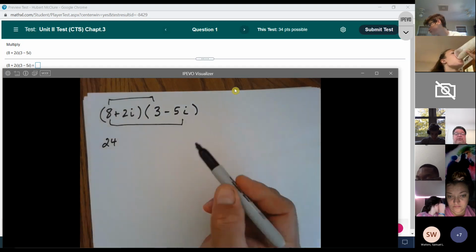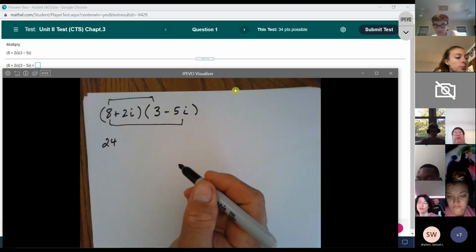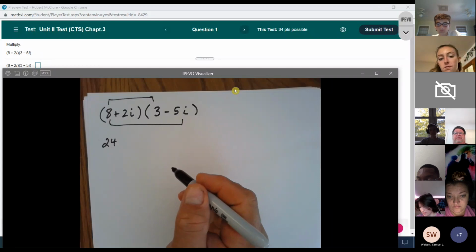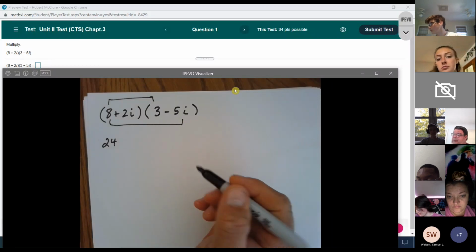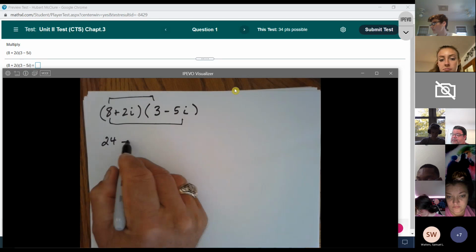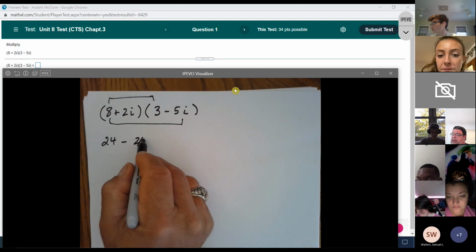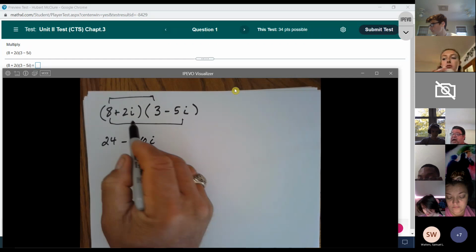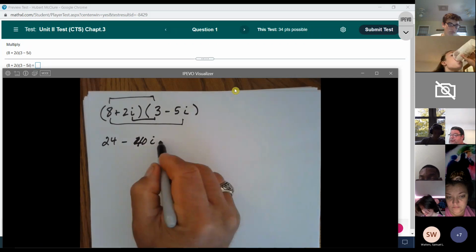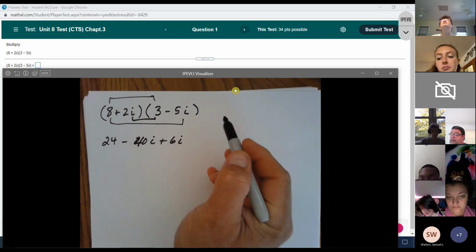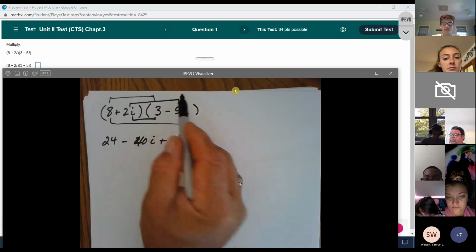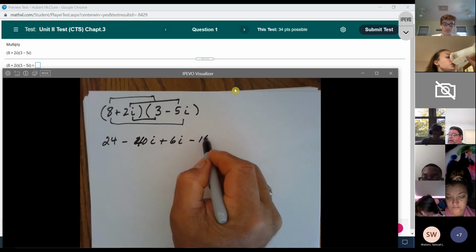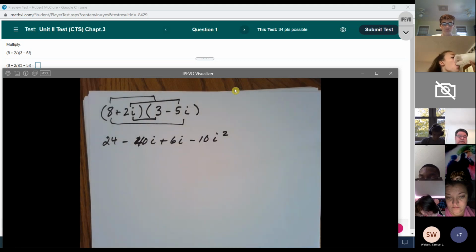Outside, I have to say outside because some people don't know what outer means. 8 times -5 is -40i. Inside is plus 6i. And last, -10i squared. And I'm going to highlight that i squared.